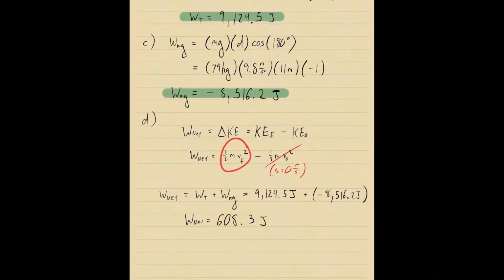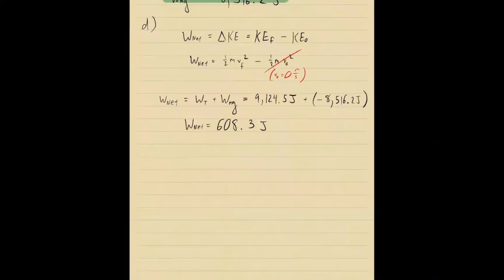And for the right-hand side, we just need to solve for our final velocity. So really what we're dealing with is the net work done is equal to 1/2 times the mass of our person times the final velocity magnitude of our person squared. I'm going to multiply both sides by 2 to get rid of this 1/2.